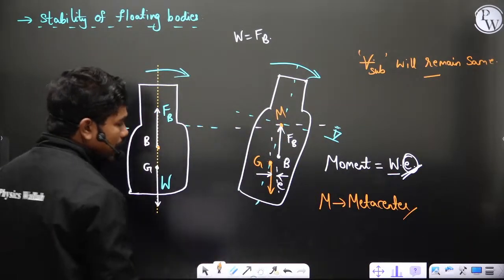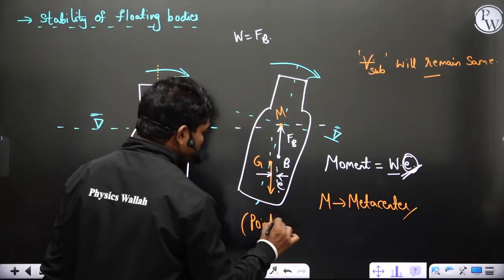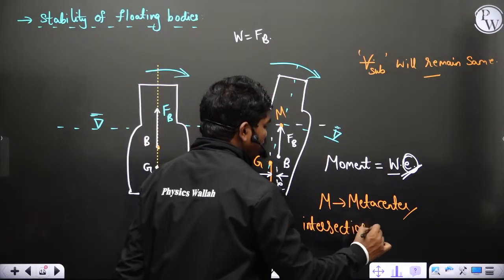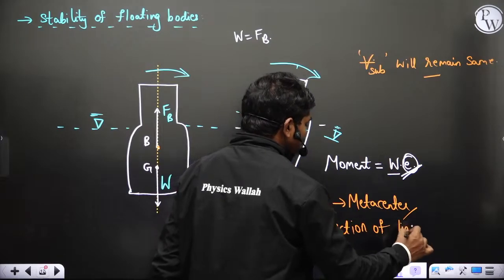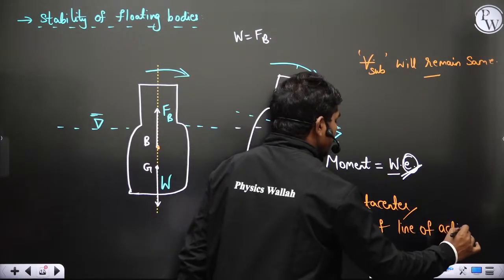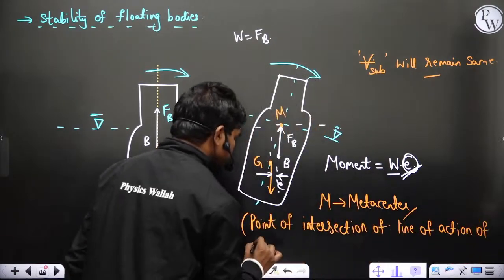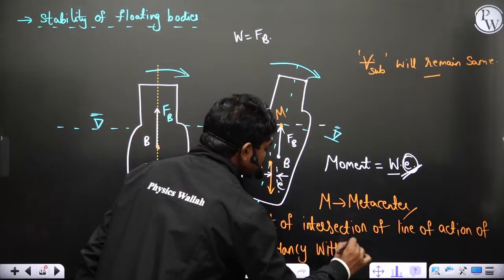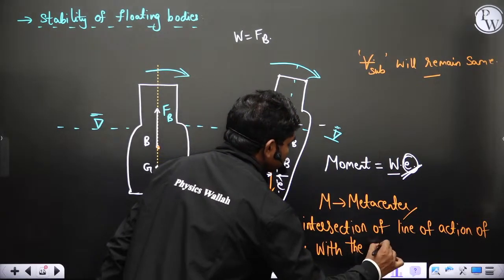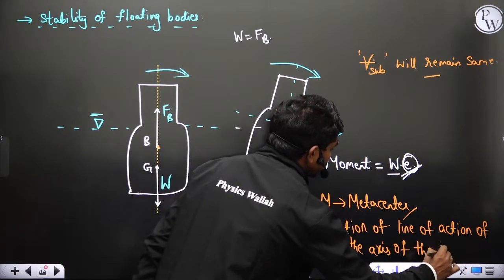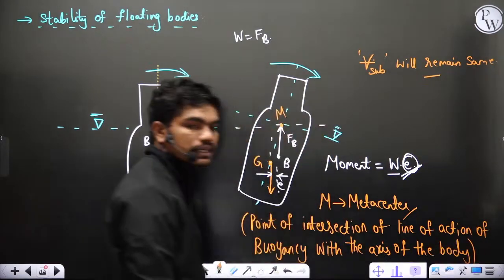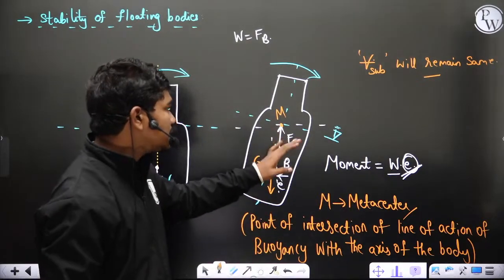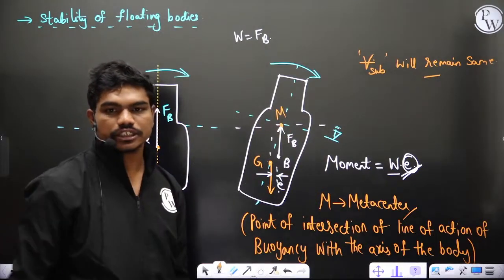Obviously this metacenter is the point of intersection of the line of action of buoyancy with the axis of the body. In this case, you may observe that clearly B is above G and this produces an anti-clockwise movement. Let me draw one more configuration, it will give you much more clarity.